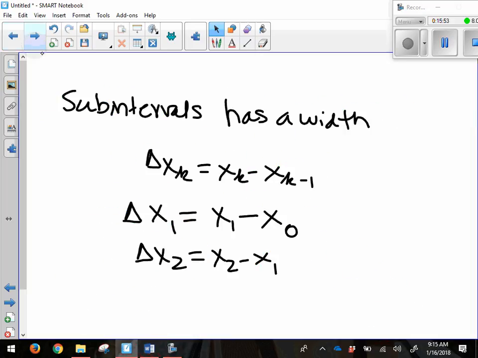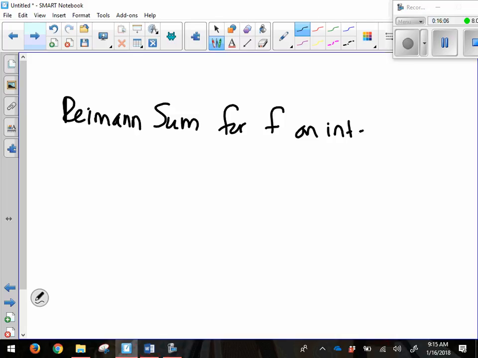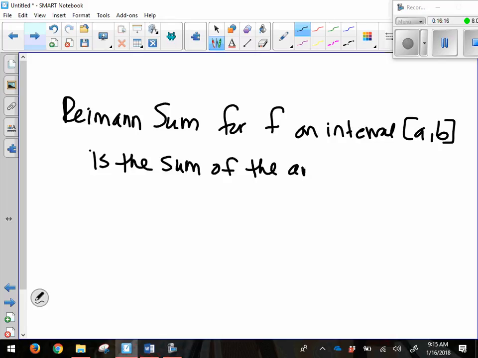Okay, so then we say that the Riemann sum for f, which is the function, on the closed interval ab is the sum of the area of these rectangles.